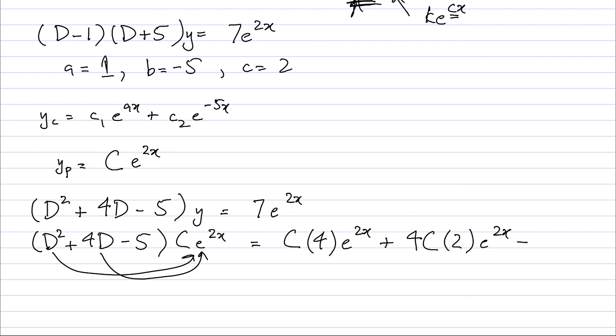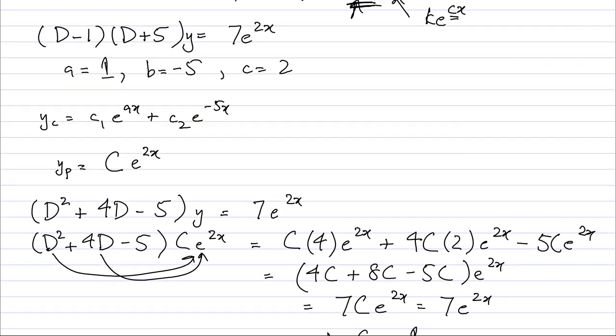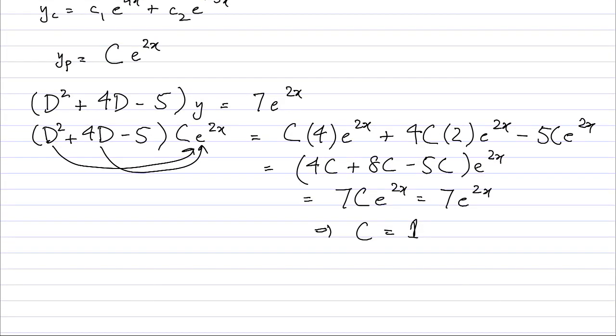Then you have minus 5C e raised to power 2x, and this I can write as 4C plus 8C minus 5C times e raised to power 2x. This is 12 minus 5, which is 7C e raised to power 2x, and this has to be equal to 7 e raised to power 2x, from which it is clear that C must be equal to 1. So your particular integral simply is e raised to power 2x.